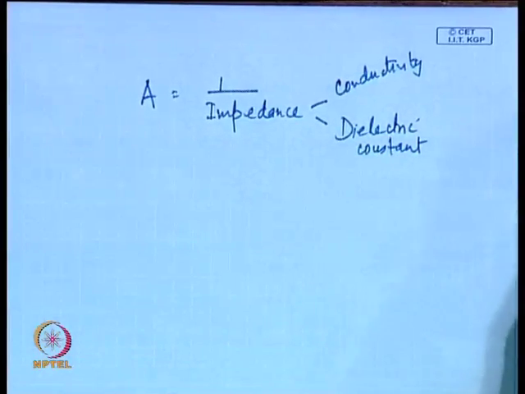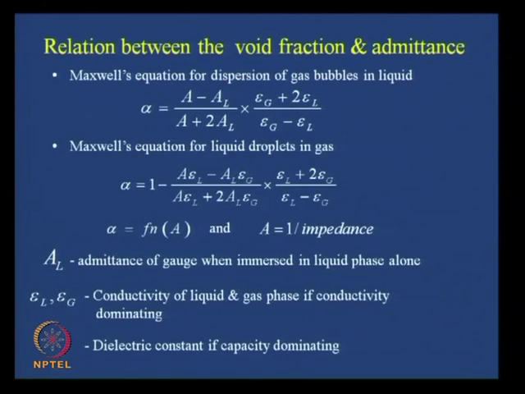If this admittance has to be related to void fraction, then there has to be some mathematical relationship for it. Any such relationship, firstly, will not be linear, and secondly, it cannot be the same for different flow patterns.